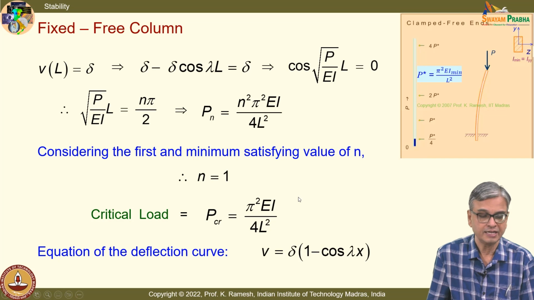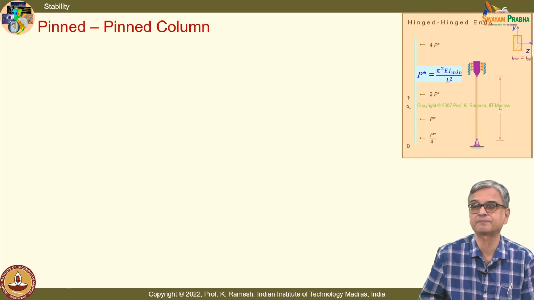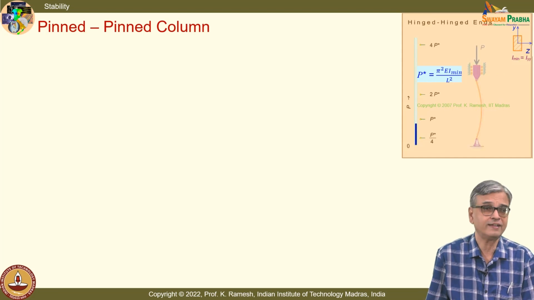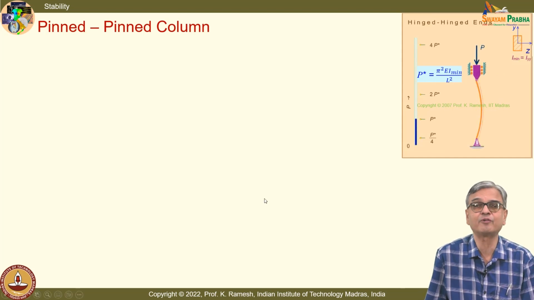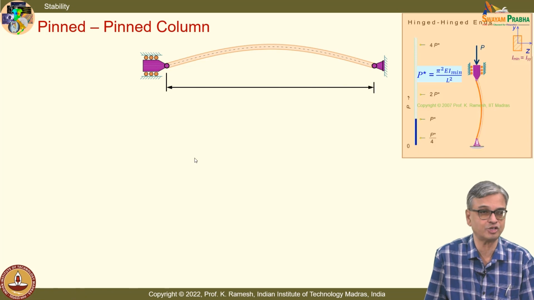We can do the similar analysis for a pinned column. What is the difference? The difference is only the boundary conditions. Okay. You have the governing equation, you have the basic solution, and you have the expressions.